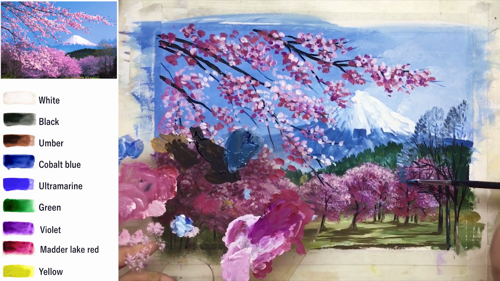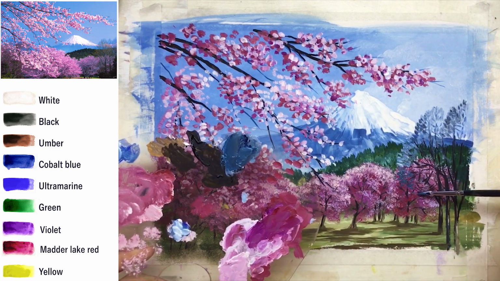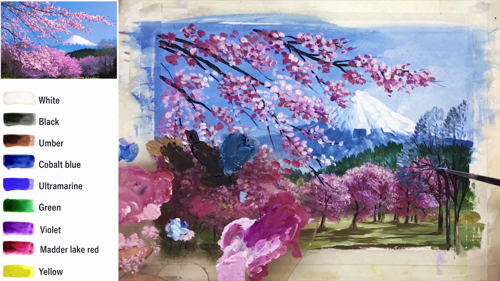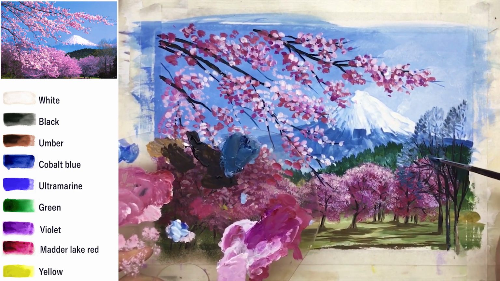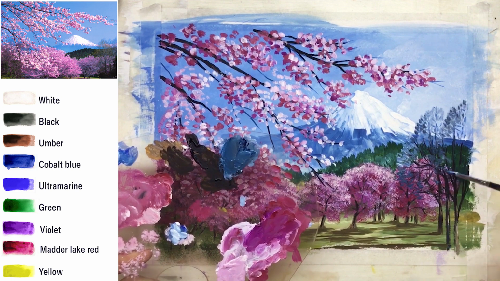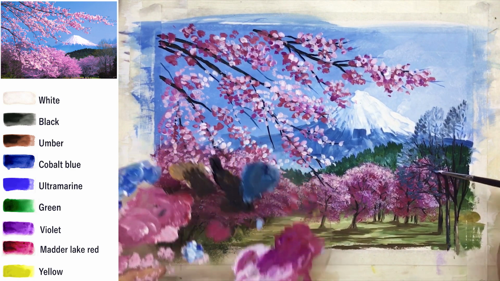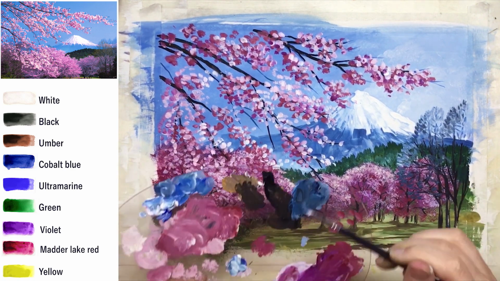I'm almost done. Here on the left side of the tree I want to use a darker shade because this part of the tree will stay in the shadow. I very much like the effect of a transparent tree now.